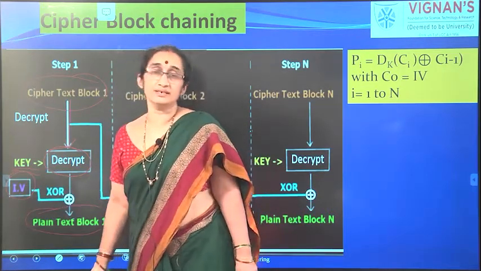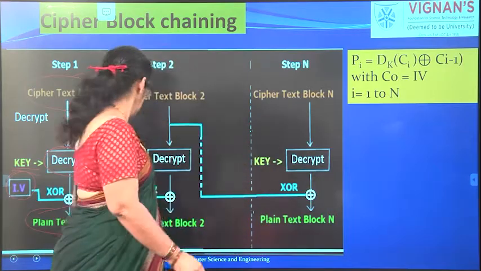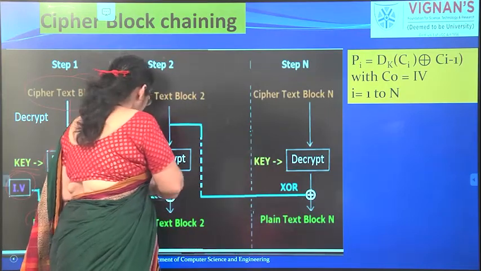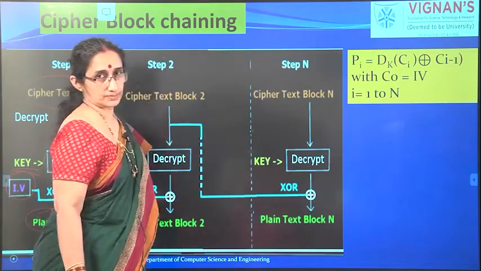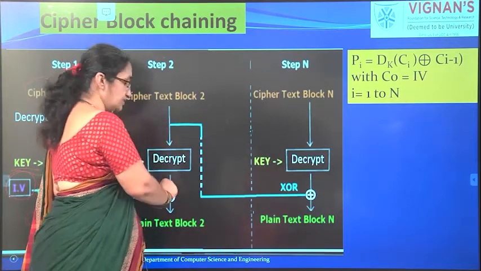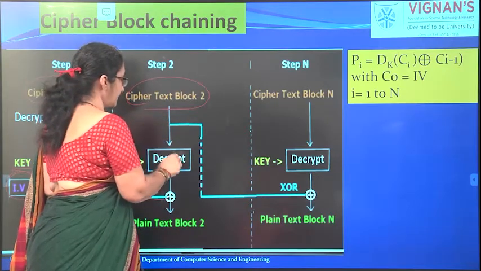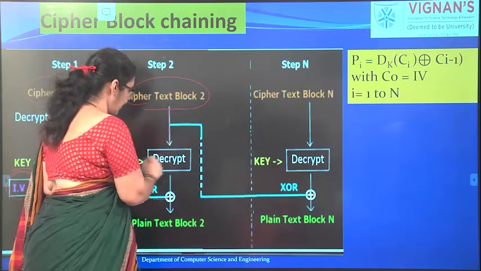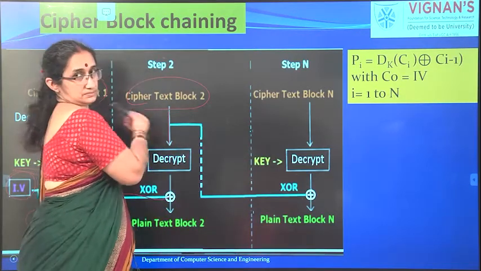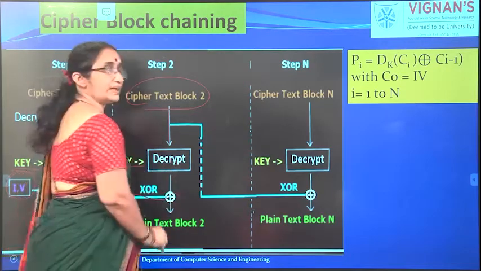So this is done at the receiver side, and again the ciphertext has to be chained to the next block. The previous block's ciphertext is carried to the next block, and for the next block's ciphertext, the decryption algorithm is applied with the help of the key, and the output is XORed with the ciphertext of the previous block to get back the plain text.